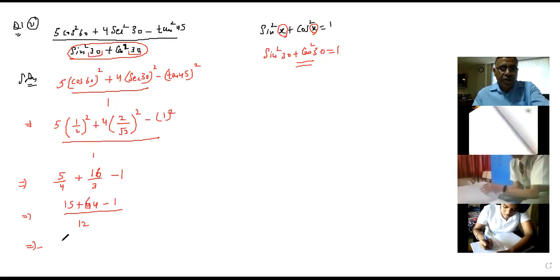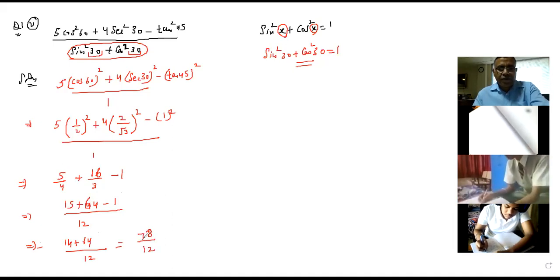So which implies 15 plus 64 minus 12 upon 12. So this is the answer. You can solve it further, it is up to you.